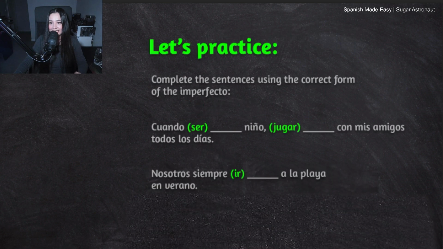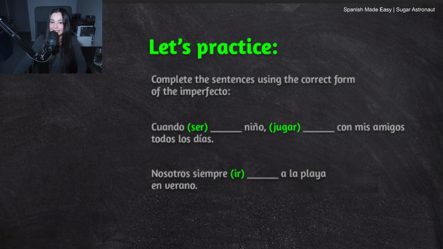Now, lastly, we're gonna practice this. We're gonna conjugate the verbs that are in green in the imperfect tense. Okay? So please do this with me.